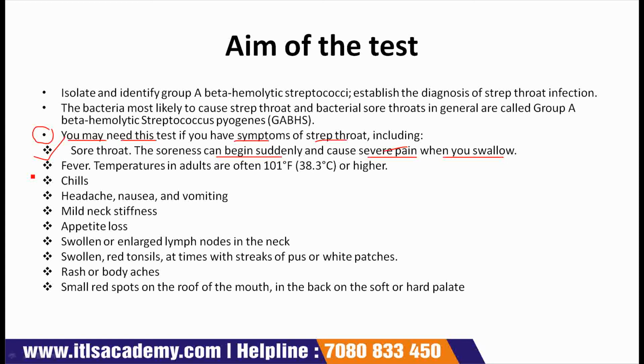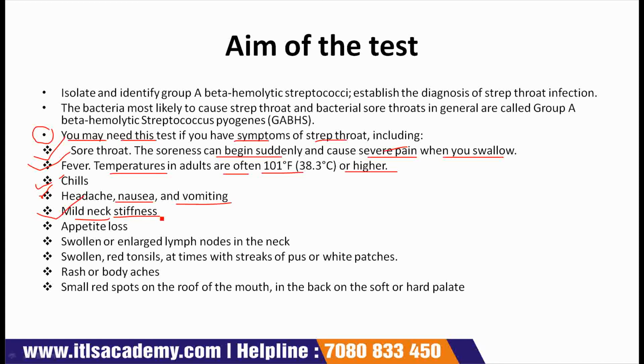Next symptoms include fever, and temperature in adults are often 101 degree Fahrenheit or 38 degree centigrade or higher. Next symptom is chills. Next is headache, nausea and vomiting.